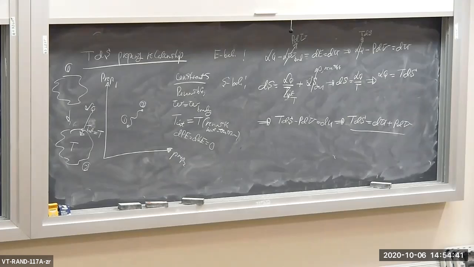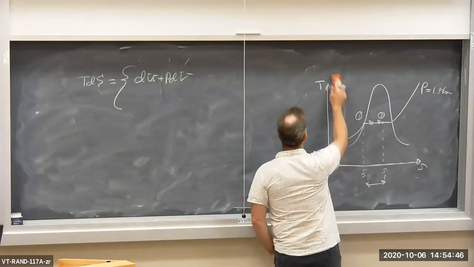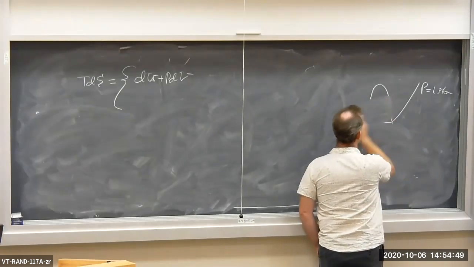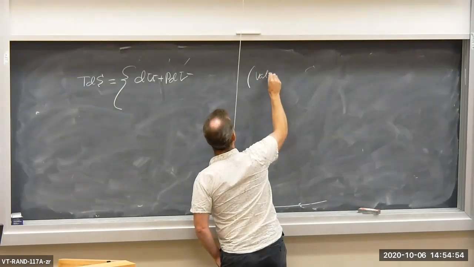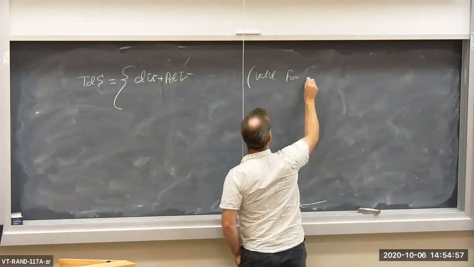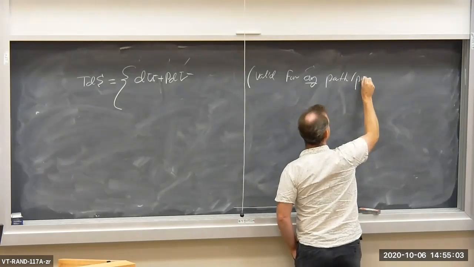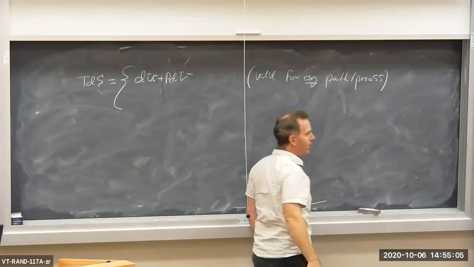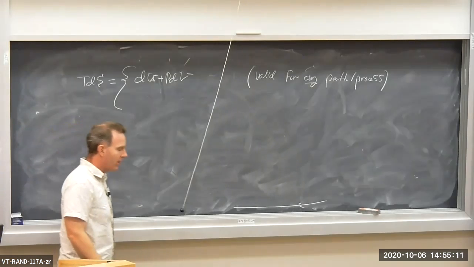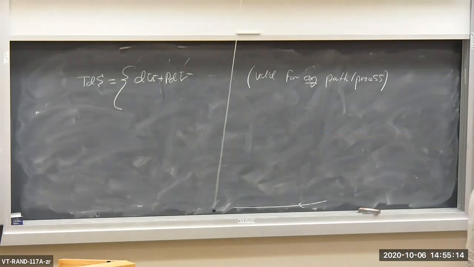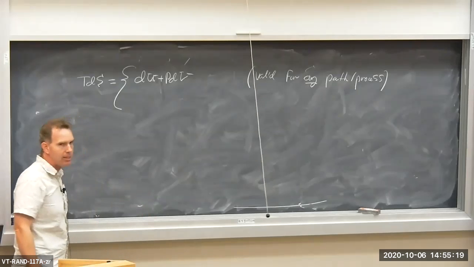Valid for any path or process. Reversible, irreversible, work is boundary work, work isn't boundary work, who cares? Everything in that equation is a property, so these changes are path independent.